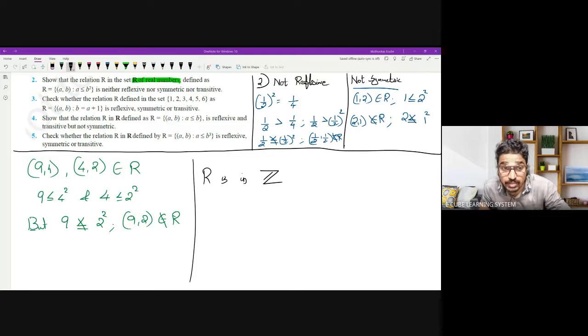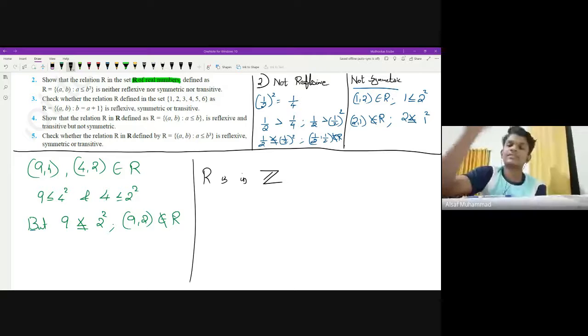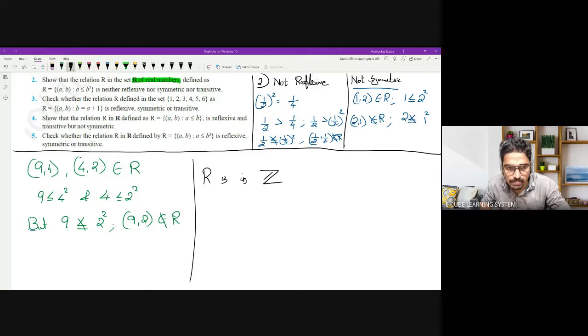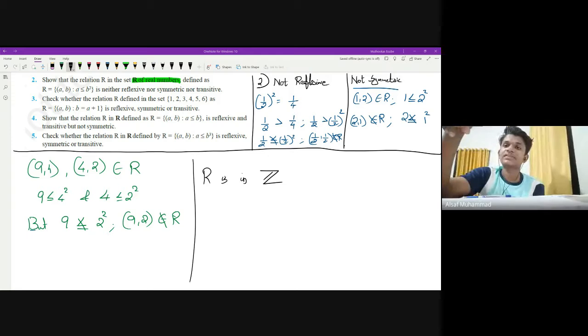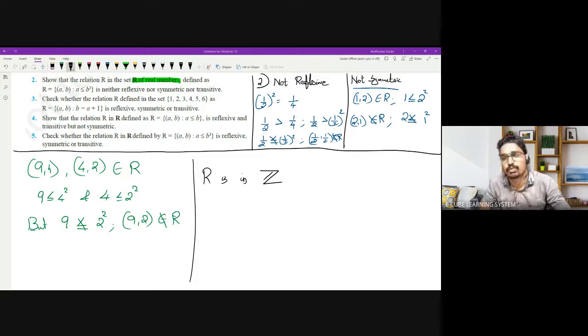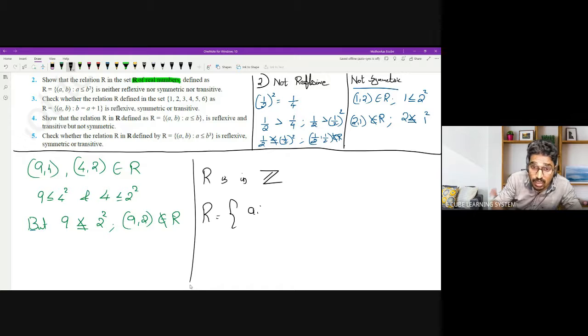What do you think? Will it be reflexive also? Absolutely. Definitely it will be reflexive. It's the same relation, R equals the pairs (A, B) such that A is less than or equal to B square.